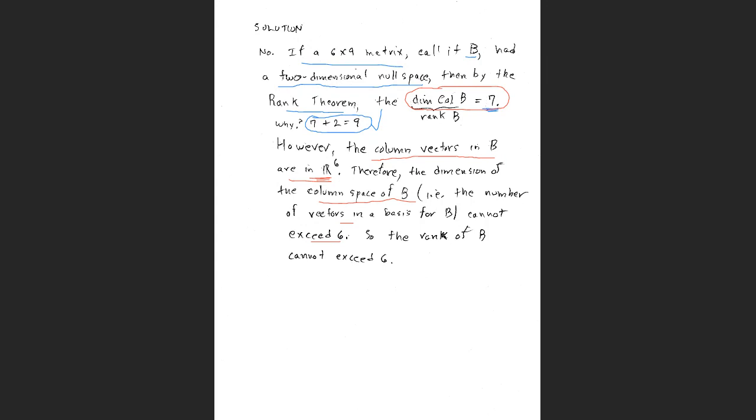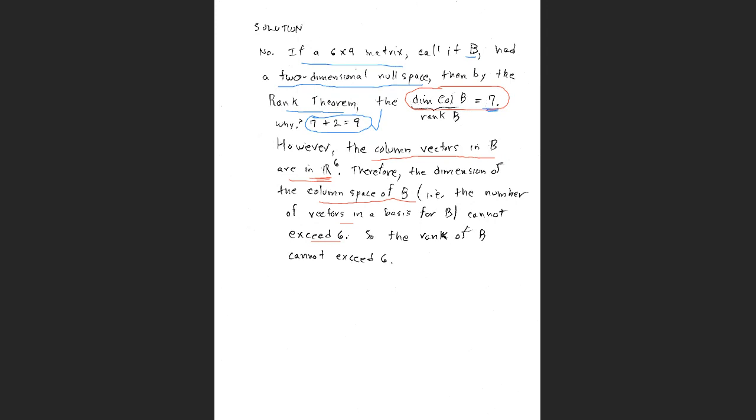Hold on. I mean, you know, in the matrix B, the dimension of the column space could be smaller than 6, right? If you had column vectors of B that were linearly dependent.